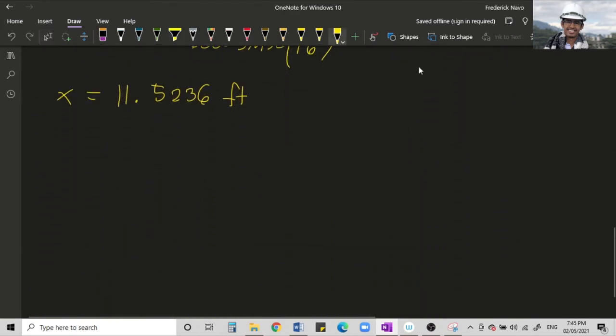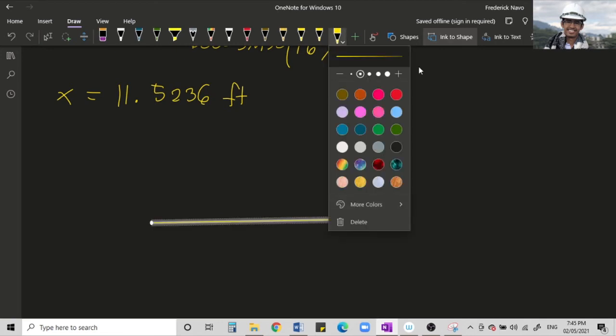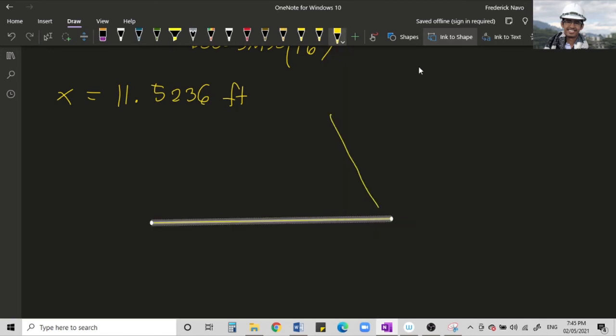So, kung ito yung dam natin, so drawing ulit natin, para mas maliwanag. Okay. So, this is point A and this is point B. So, yung resultant niya is 11 feet. Okay? So, nandito siya banda.